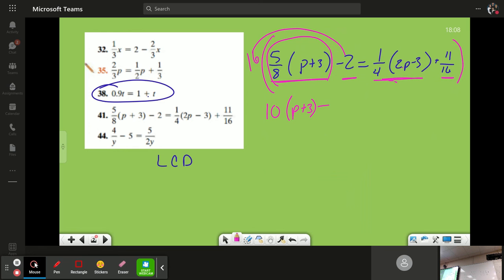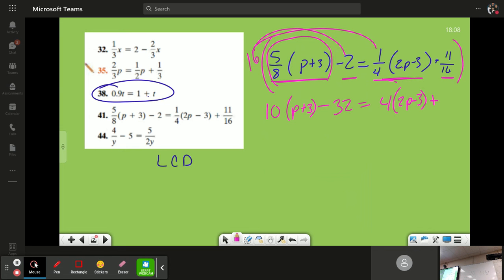So 16 times 2 equals, all right, multiply by the top and divide by that bottom. 16 times 1 divided by 4. So I got 4 times 2p minus 3. Last one.